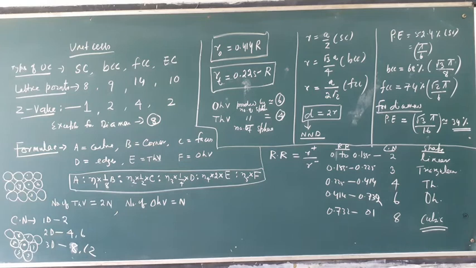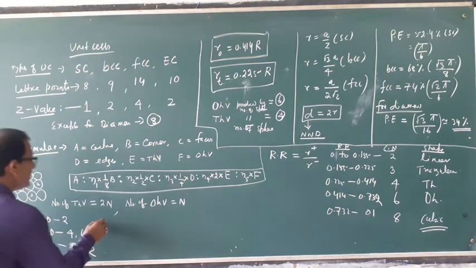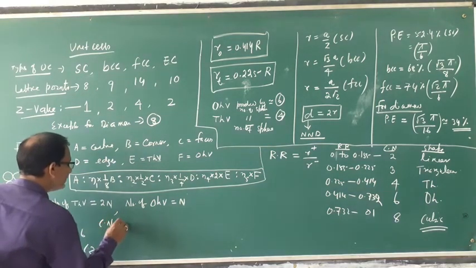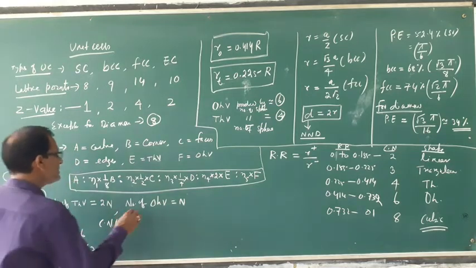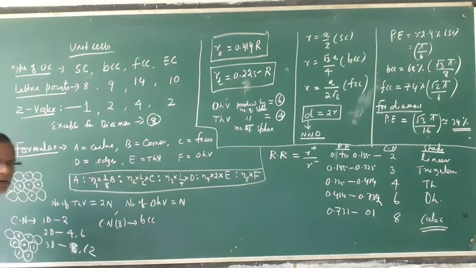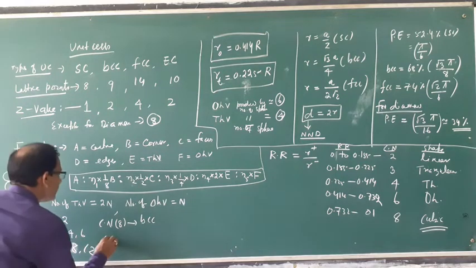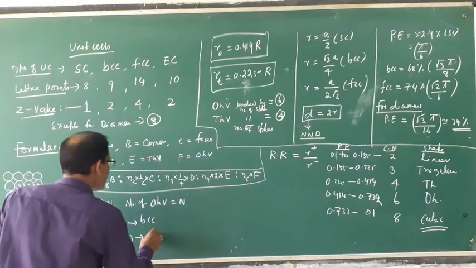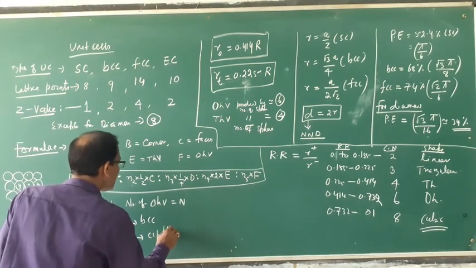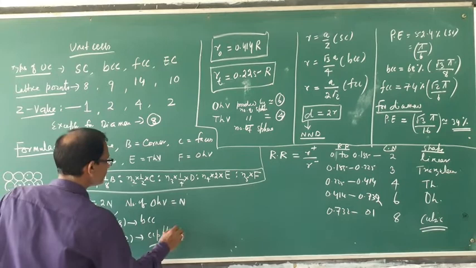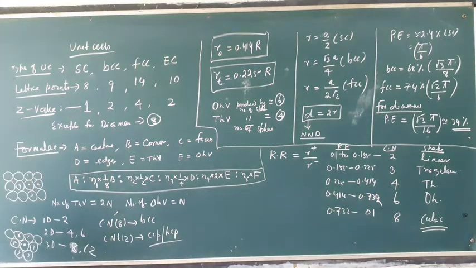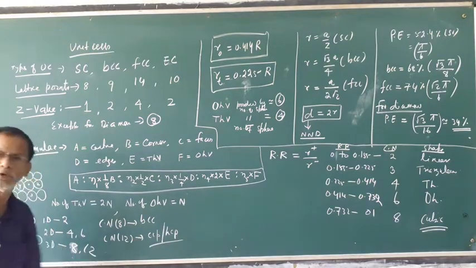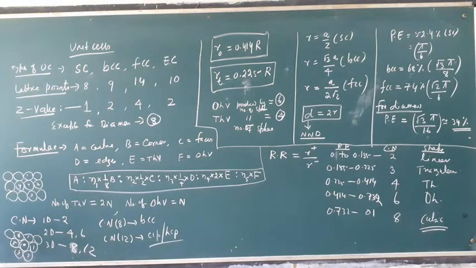Coordination number 8 is your BCC pattern, body centered pattern. And coordination number 12 indicates your cubic close packing or hexagonal close packing pattern. So you have to remember the coordination number.